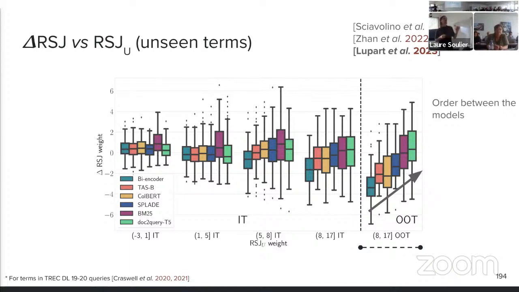I would tend to say that, from the point of view of this measure, you want to be as close to 0 as possible. But it does not necessarily translate into actual performance because there are other ways you can explain the performance, for instance, semantic matching and so on. So here we only consider the query terms, and we see that some models tend to retrieve not as much as they should, but there are other factors that could explain why they are better.